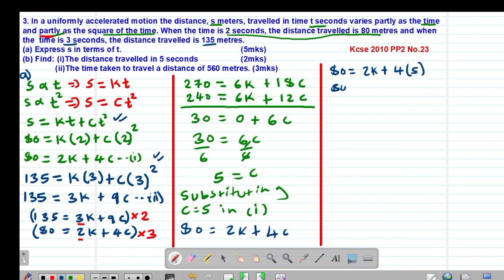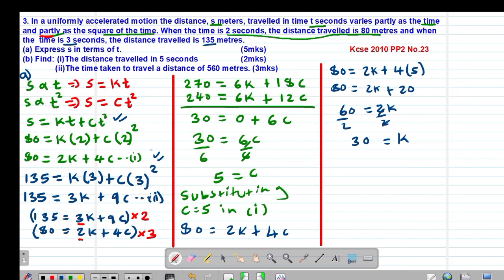So 80 will be equal to 2k plus 4 by 5, I'm going to get positive 20. So 2k is equal to 80 minus 20, which gives positive 60. Divided by 2, divided by 2, the value of k will be equal to 30. So k will be equal to 30.